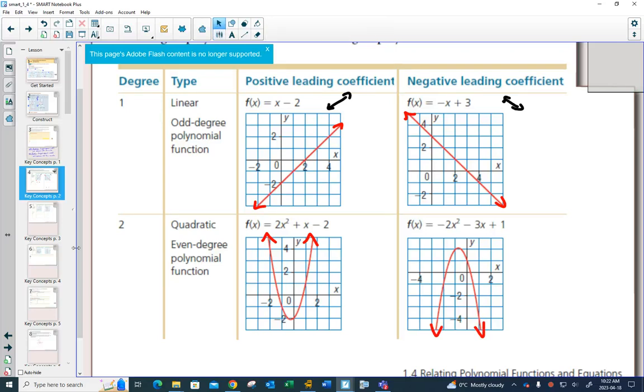We learned that if there's a negative a value in a parabola, it opens down. So if the leading coefficient is positive on a parabola, it's opening up with your end behavior pointing up on both sides. If it's negative, it's pointing down. And we can use this information for x cubed, x to the 4, x to the 5 graphs.